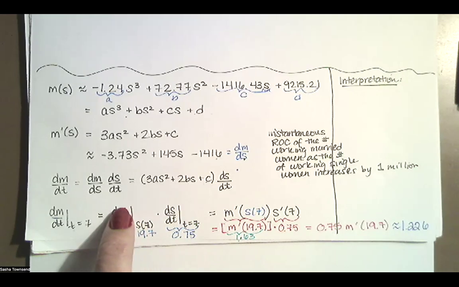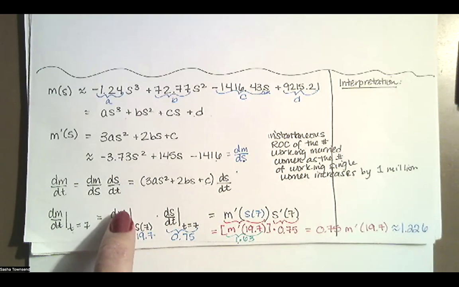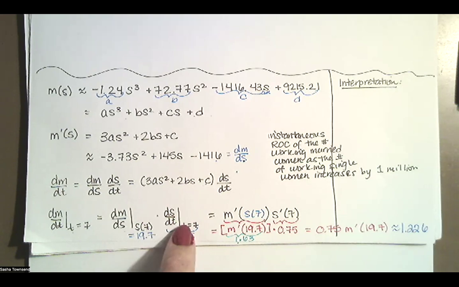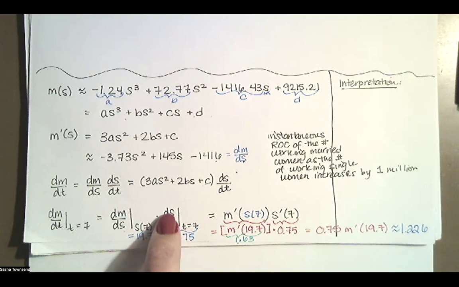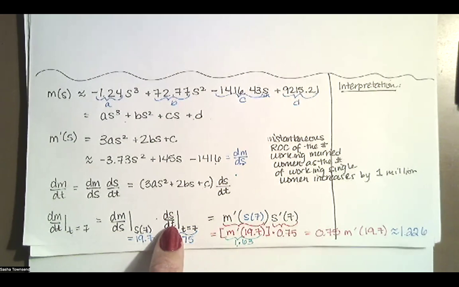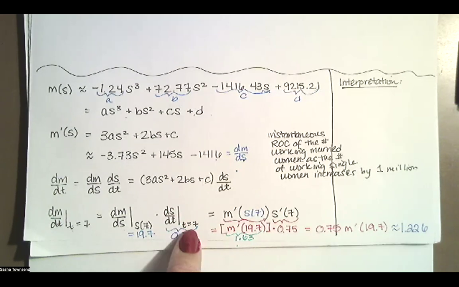So this is a number of working married women per number of working single women, and then we're going to multiply by the rate of change of the number of single women working per year in the year 2007. So we're told that that was 0.75 million. So as we go from 2007 to 2008, about 750,000 additional single women were added to the workforce.